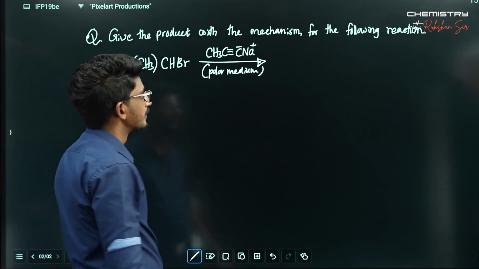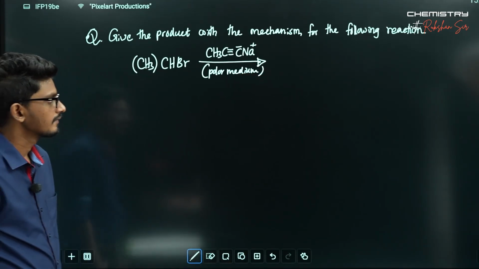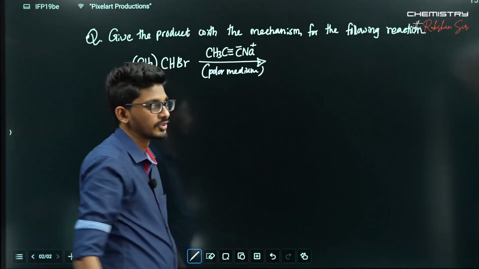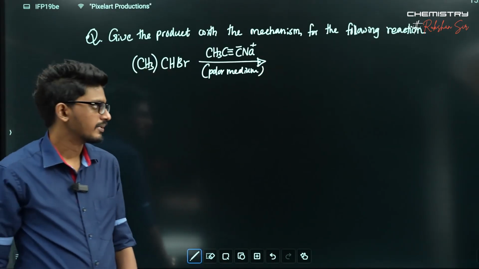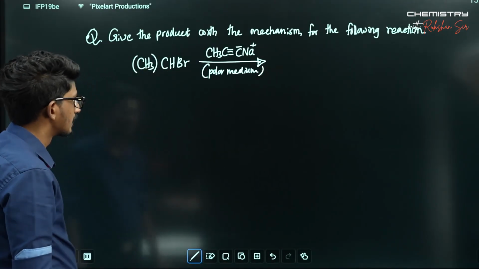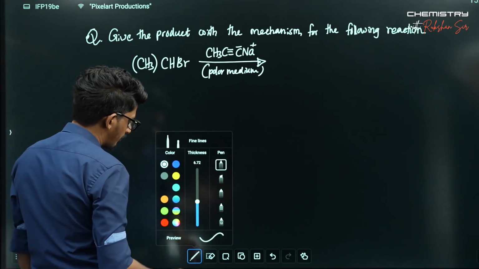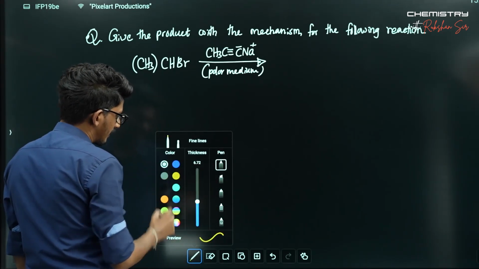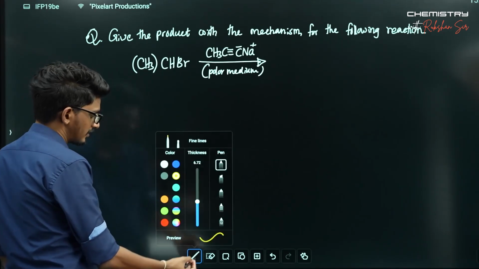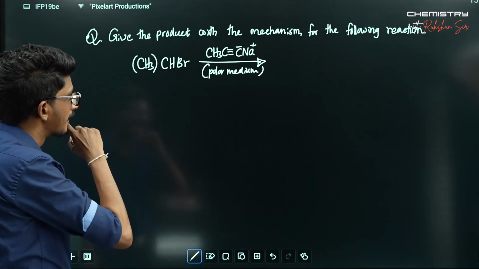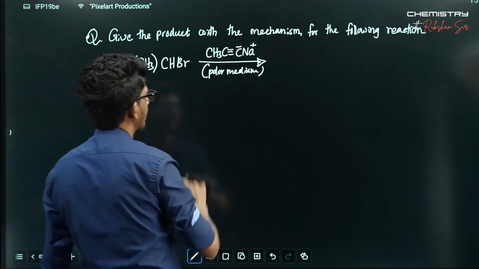Then what kind of product do you need to come up with? Basically, to come up with the product, there is no need of thinking of the medium in this case, as it's a nucleophilic substitution. You can come up with the product.